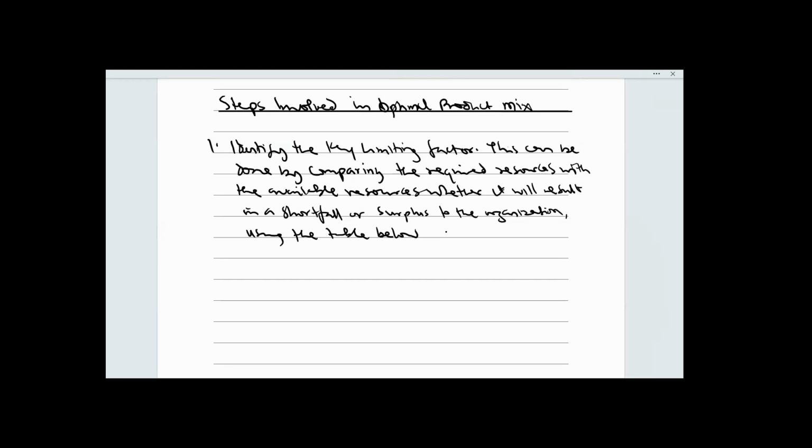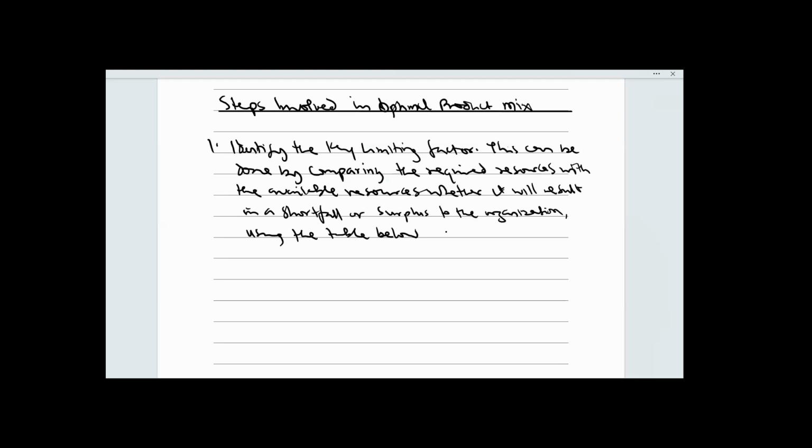The onus is on you to confirm from the question if truly the resource given is limited in supply. So to identify the key limiting factor, compare the required resources with the available resources, whether it will result in a surplus or a shortfall to the organization.